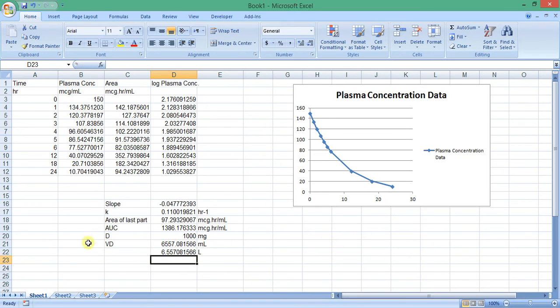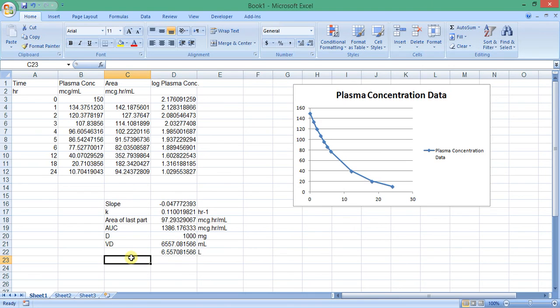This is the volume of distribution in liters. We can compare this value to the value we calculated in the last lecture. We will find that the two values are almost identical. So the two methods give the same values.